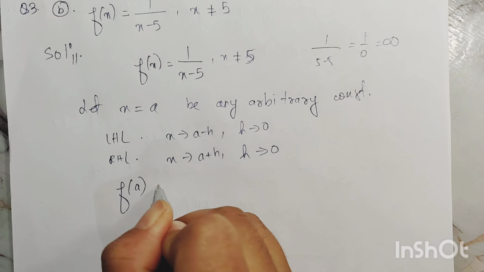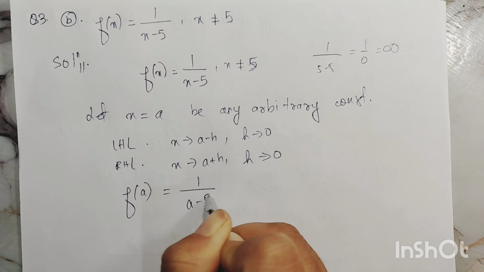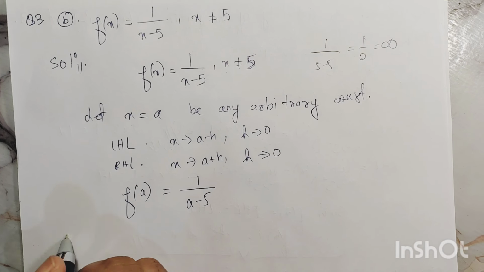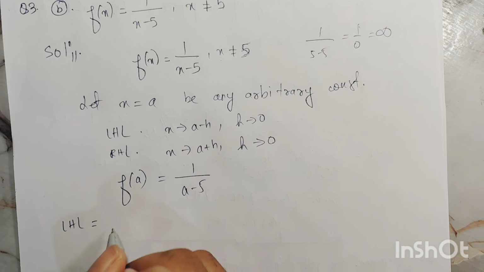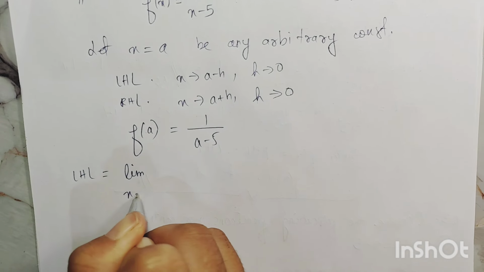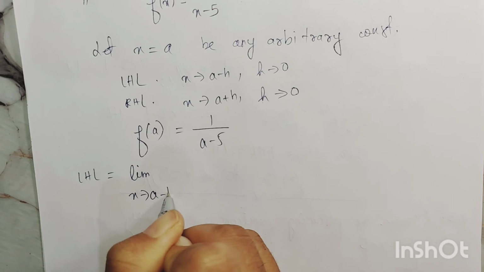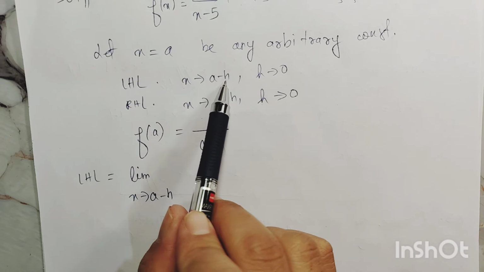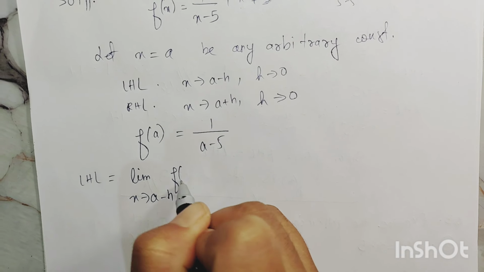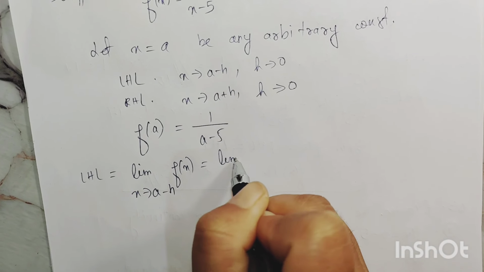So f of a equals 1 by a minus 5. Left hand limit: limit of x tending to a minus h of f of x.